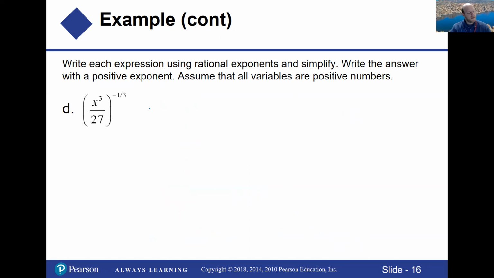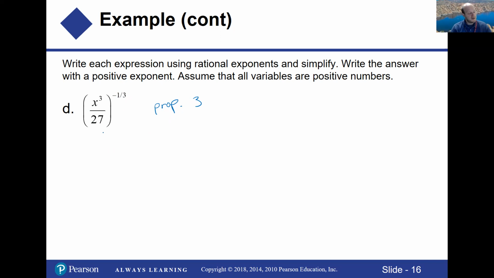Okay, same instructions here, but this time I have this negative power outside of the parentheses. And what I can do is I can use property 3 here. Look back, property 3, when you have negative exponents for quotients.